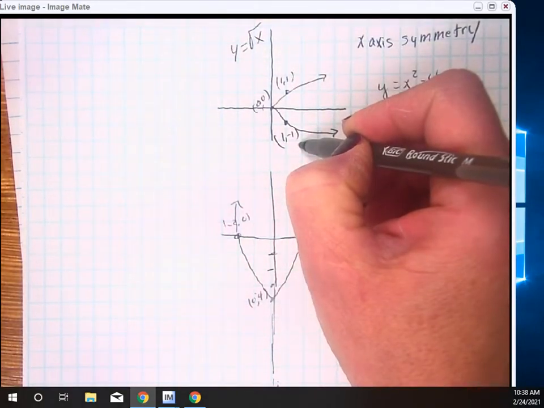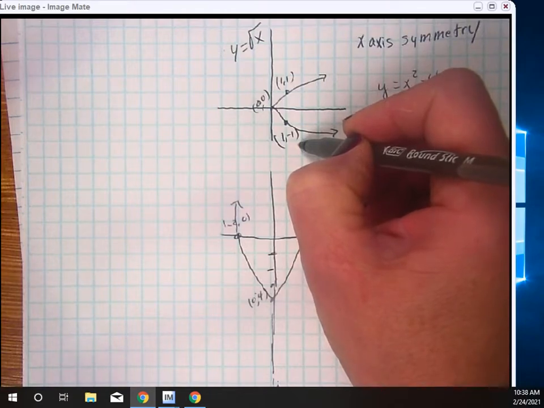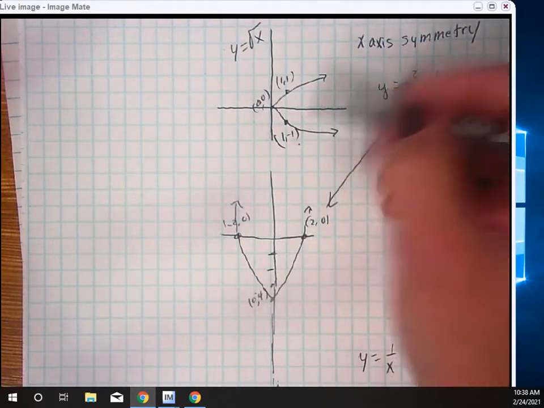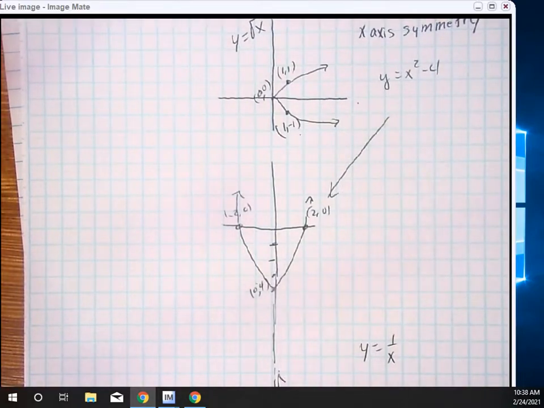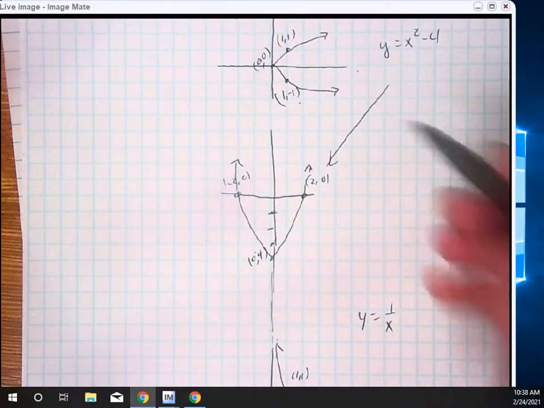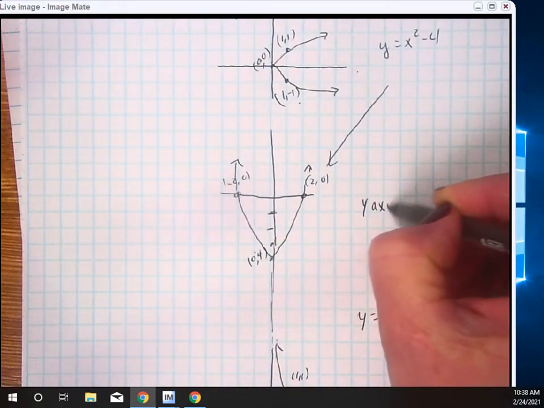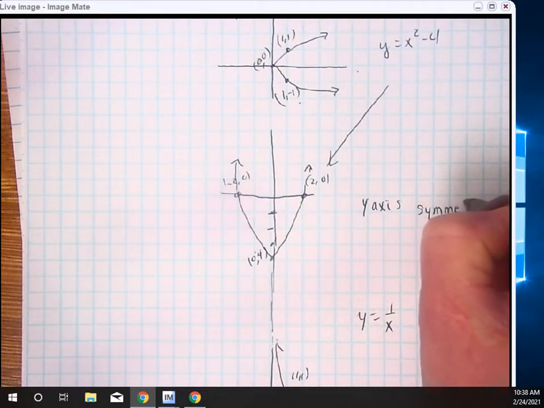So if you're having to do it by hand to determine whether it has symmetry with respect to the x-axis, you're going to see if your y values became the opposite, okay? On this parabola, what kind of symmetry does it have? Yeah, it's y-axis, or symmetry with respect to the y-axis.